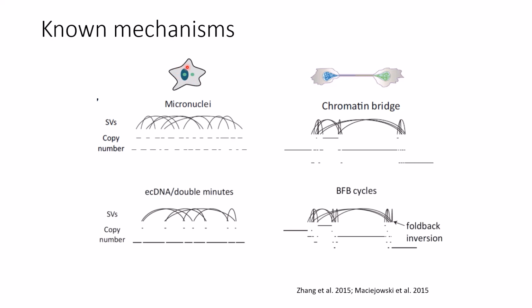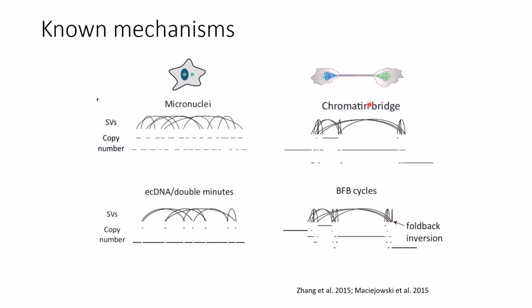When the nuclear envelope forms, most of the chromosomes will form main nuclei, but the lagging chromosomes will form micronuclei. In micronuclei, DNA replication and DNA damage repair are deficient, and the chromosomes in micronuclei sometimes will shatter into many small fragments, and some fragments get lost. Some are randomly stitched together into a new chromosome, and it's been shown under the microscope that the DNA can really break down into many pieces.